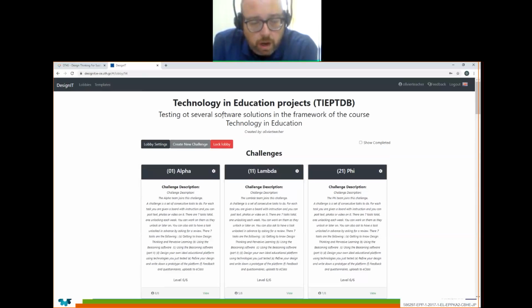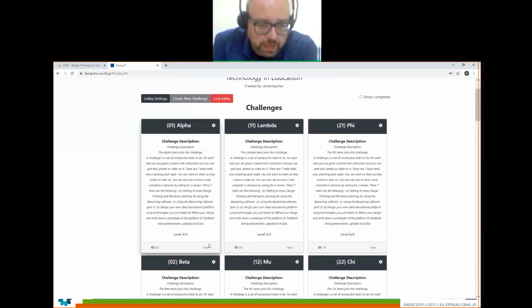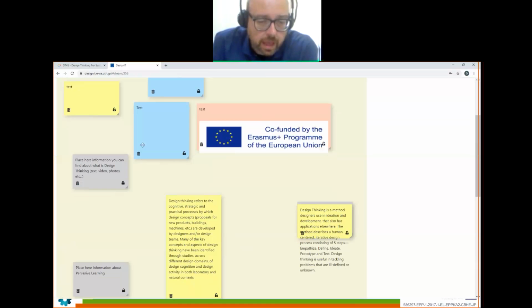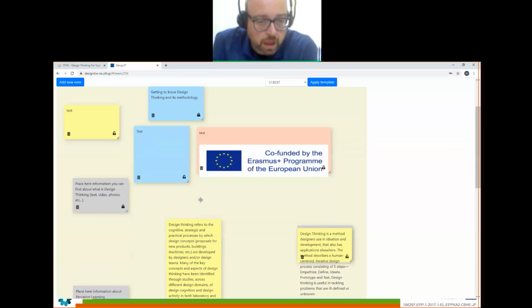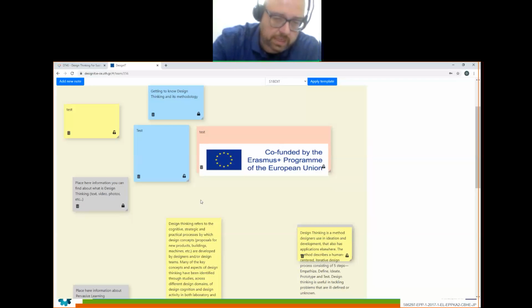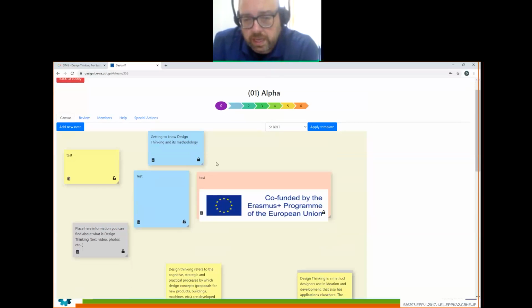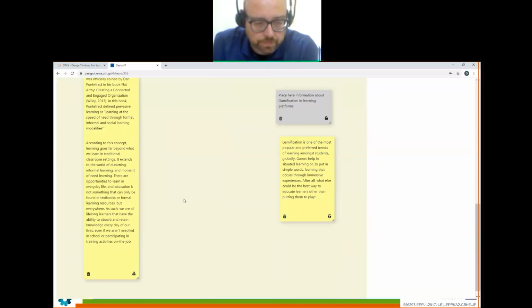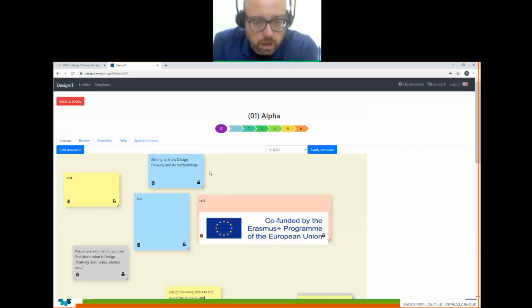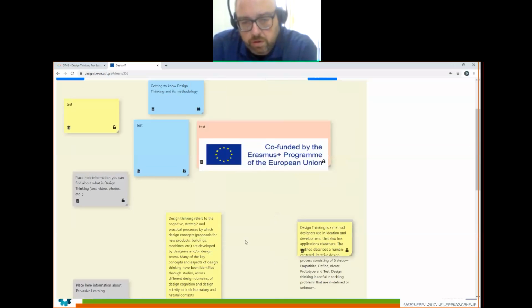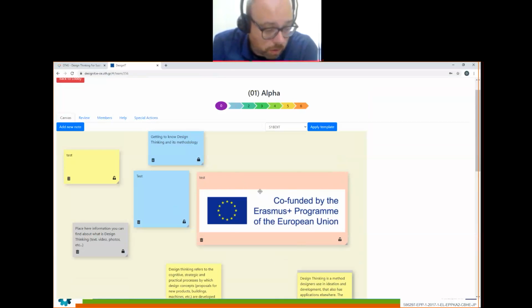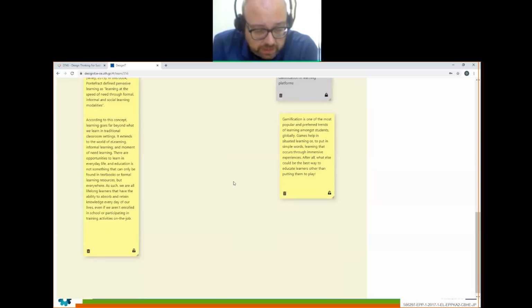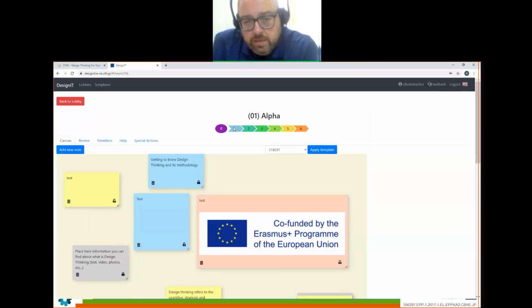So how it happens is that what we have here is a post-it board. The teacher is basically giving the assignment, or can document the assignment with post-its that they can put on a post-it board, and those post-its can contain photo, video, or anything they want. And here, as you can see on top, we have different steps.